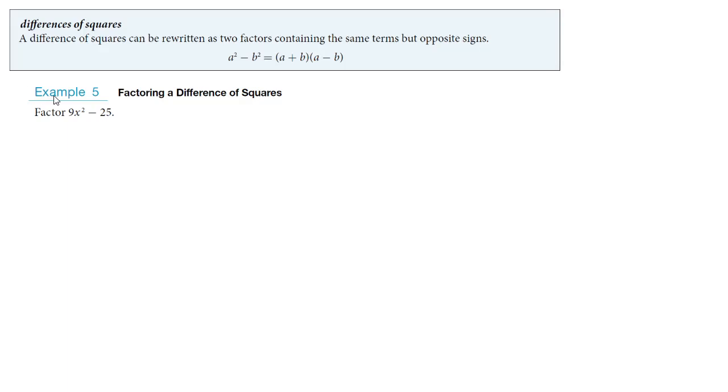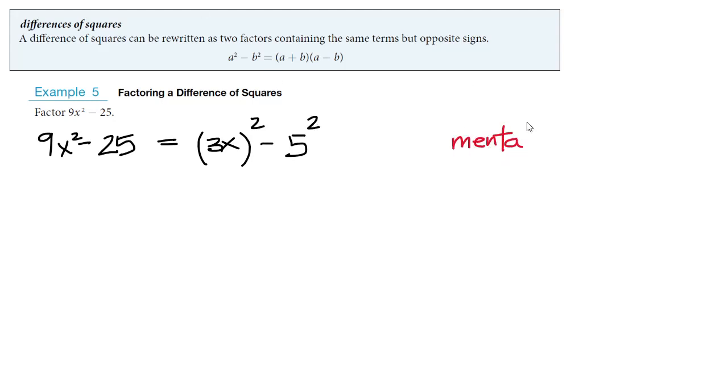In example 5, we want to factor 9x squared minus 25. Now, can I write that in the form of a squared minus b squared? Yeah, that's 3x all squared minus 5 squared. Now, this typically would be a mental step. You'd want to check mentally, is it true that the first term is a perfect square and the second term is a perfect square?